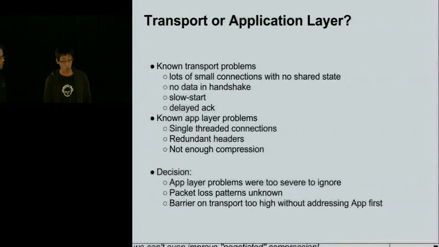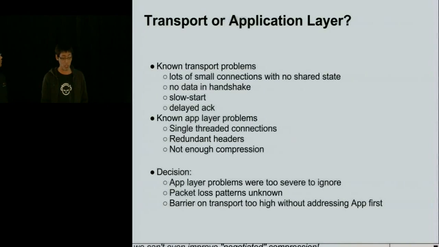But the problems in the application layer are way worse. The connections are single threaded. You can only use one request per connection unless you have pipelining, but we've already talked about pipelining. There's tons of redundancy across requests due to HTTP request headers, and there's no compression going on there.